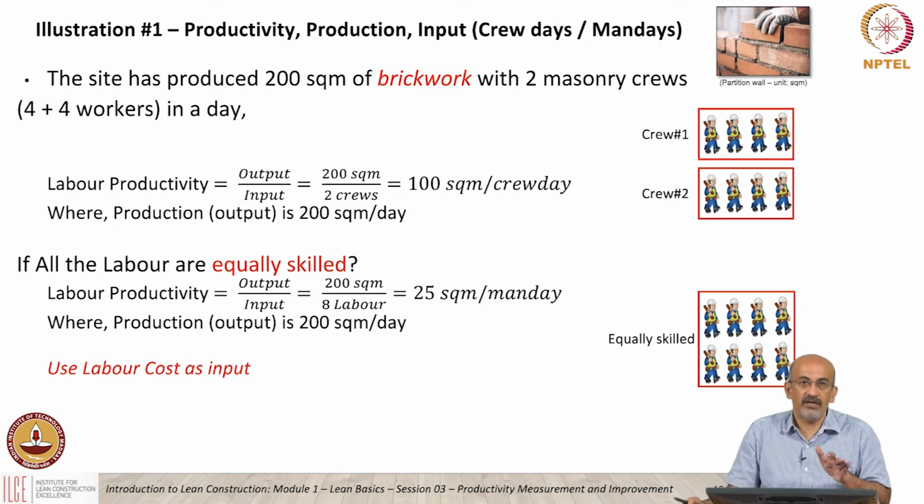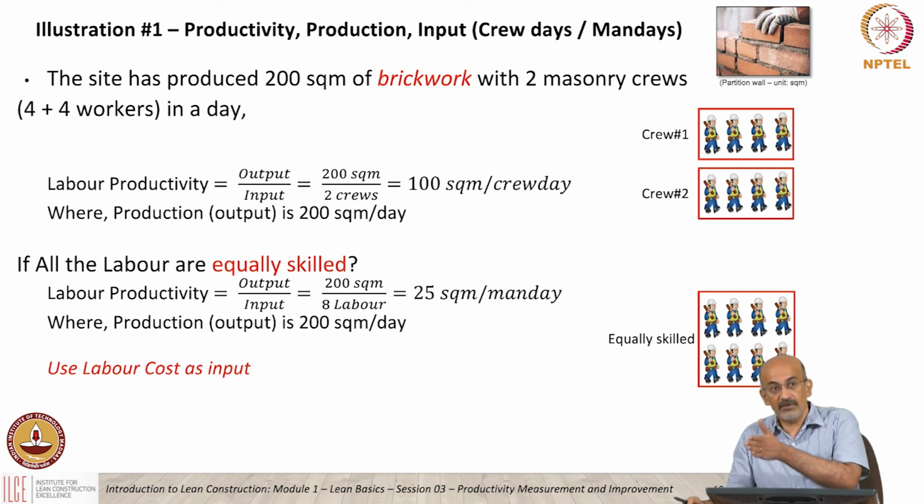Now, instead of using crew day or man day, I could use the cost that I incurred for the labor. That would give me so many square meters per rupee. That could be the labor cost or it could be total cost.